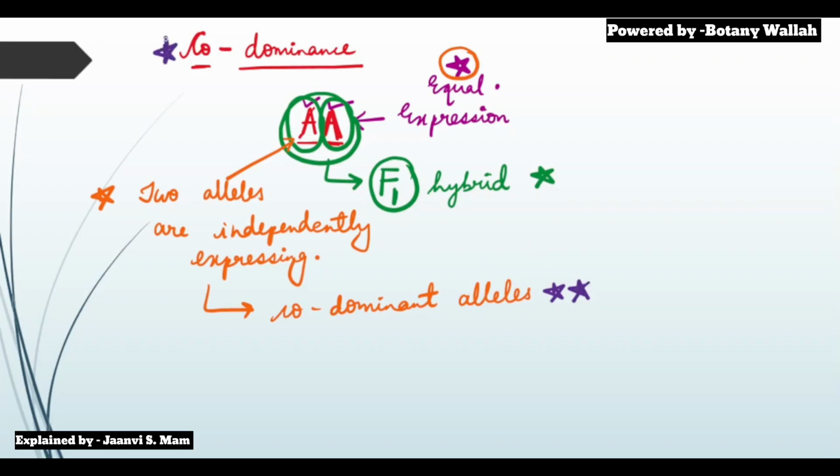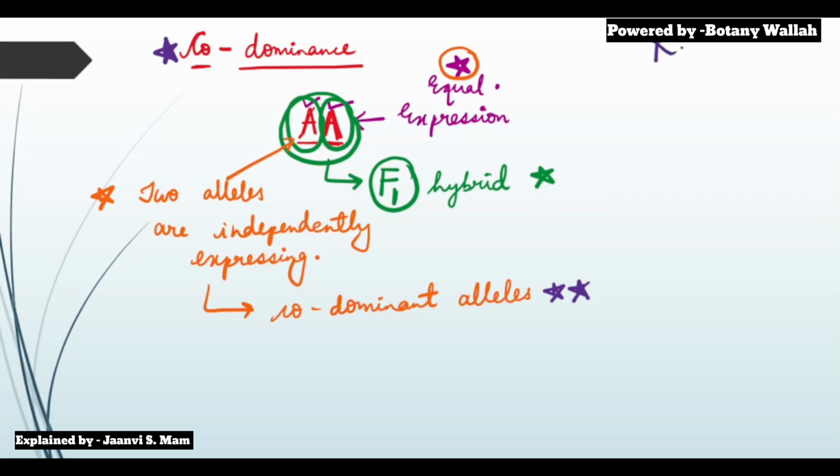This is about codominance. I have just started teaching this topic. So in codominance, both alleles are expressing, in short. Likewise, in the previous class we studied incomplete dominance. In incomplete dominance, what was happening?